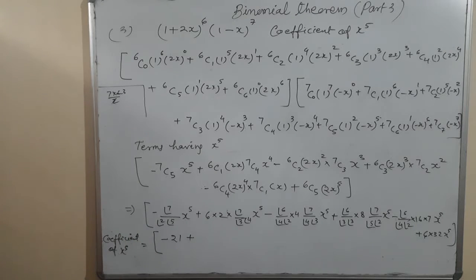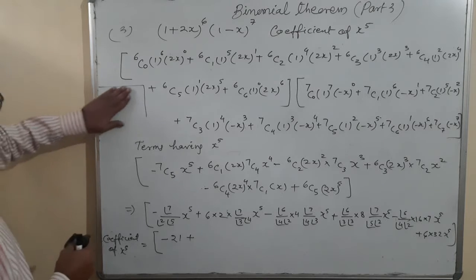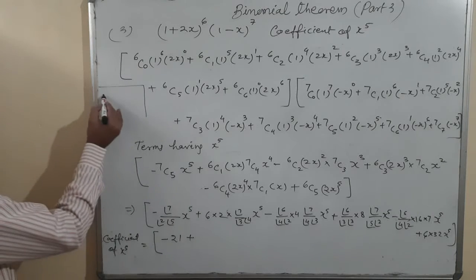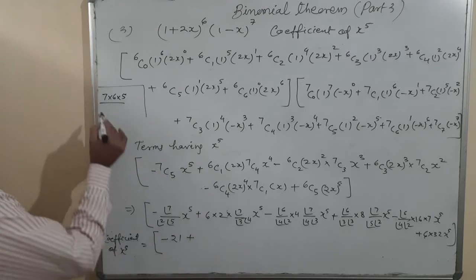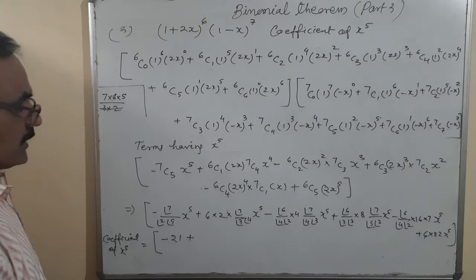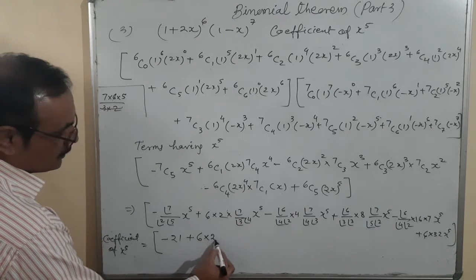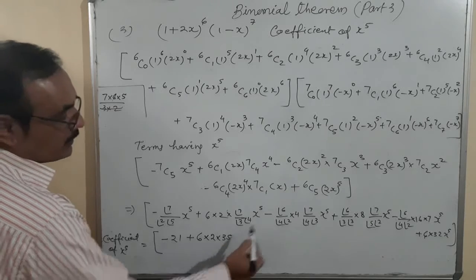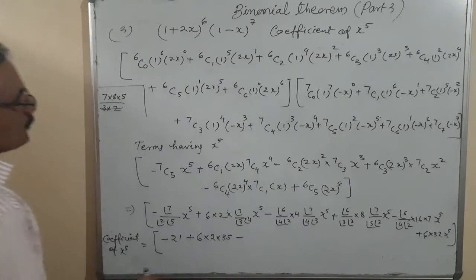Here when I calculate it, factorial 7, so it is 7 into 6 into 5, 4 cancel, 3 into 2, 6, 7 times 5 is 35. So that means 35 into 6 into 2 into 35. Okay, minus. This is 6 into 5.